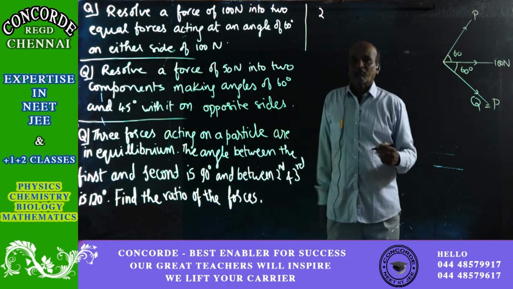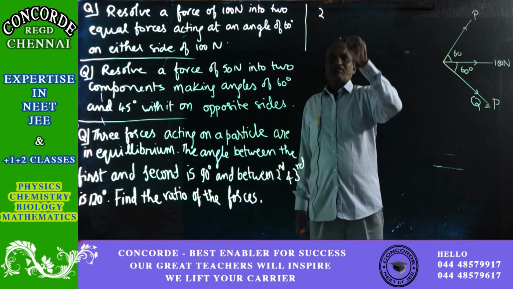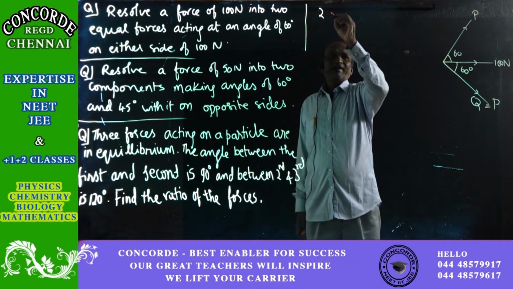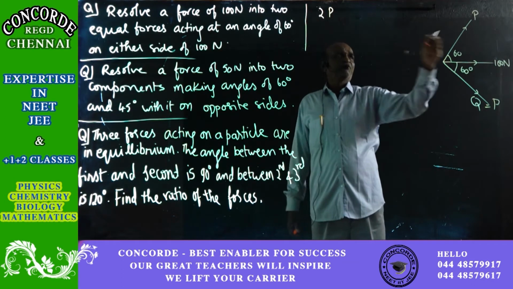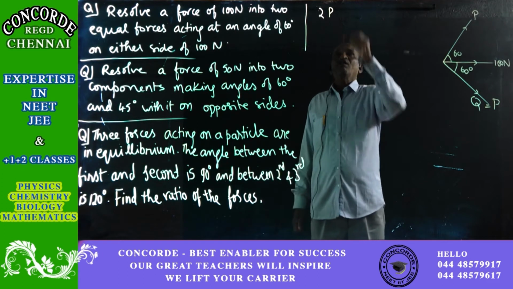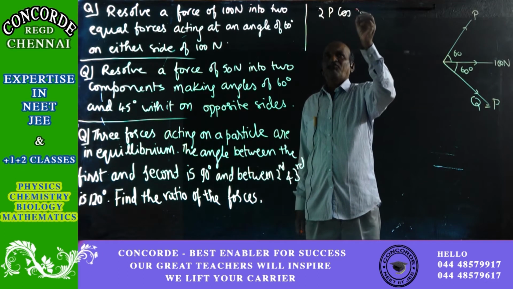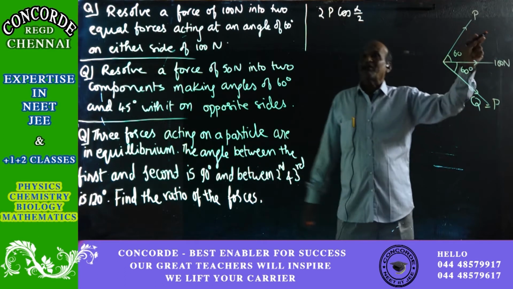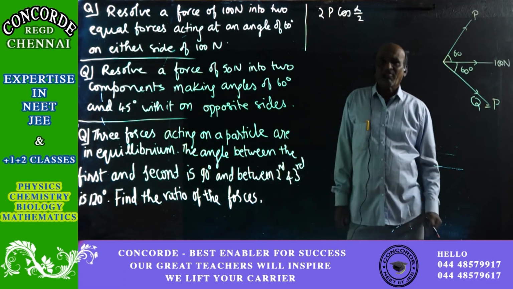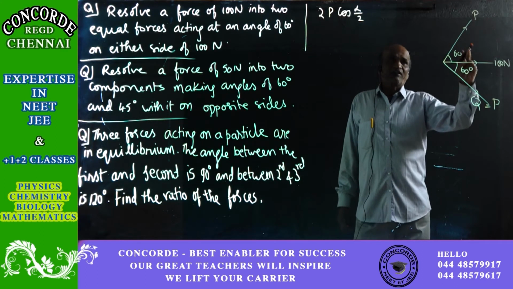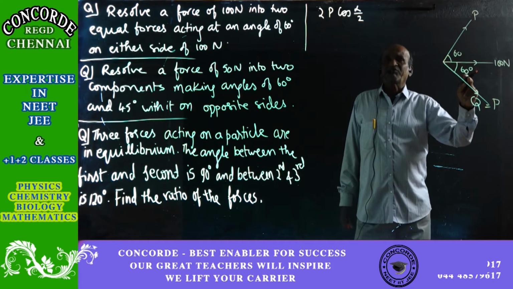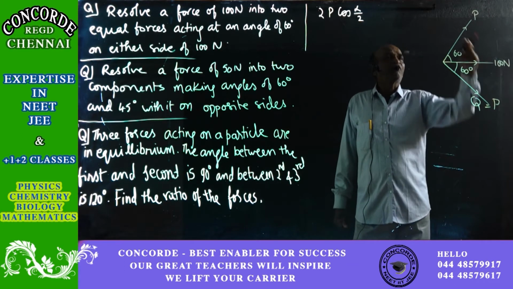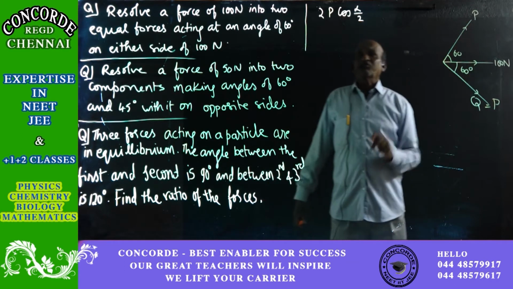So we have the formula which we have already derived: 2 into one of the forces, this or that, into cos of alpha by 2, where alpha is the total angle between the forces. We have studied that. The total angle is 60 plus 60, 120, and of course, half of 120 is going to be 60.